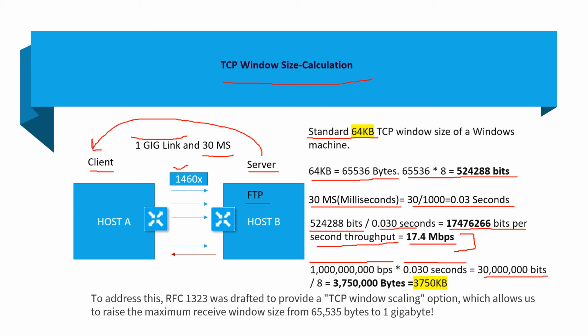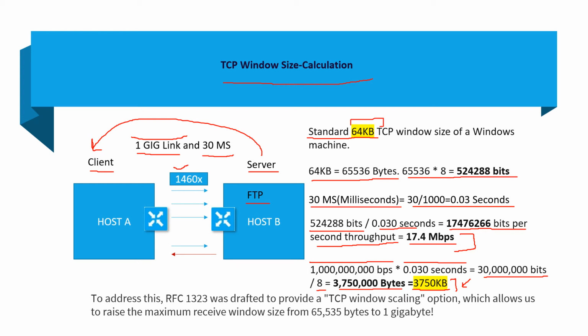If I divide by 8, that gives me 3750000 bytes. If I convert into kilobytes, it is going to be 3750 KB. To fill this 1 gig link pipe quickly and utilize all the bandwidth, my window size is supposed to be 3750. How much do we have here? Only 64.